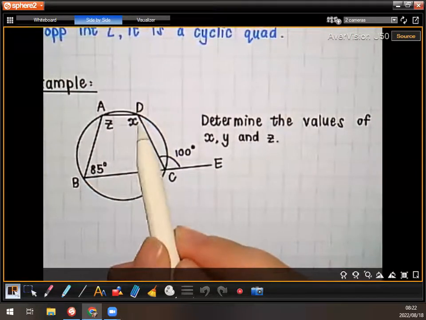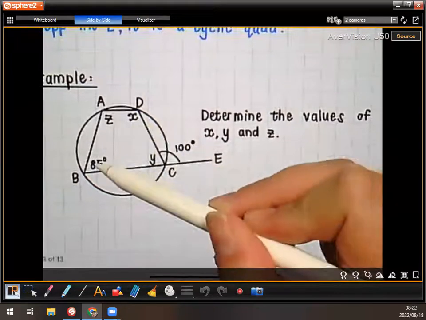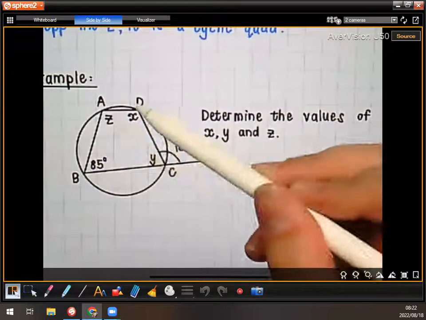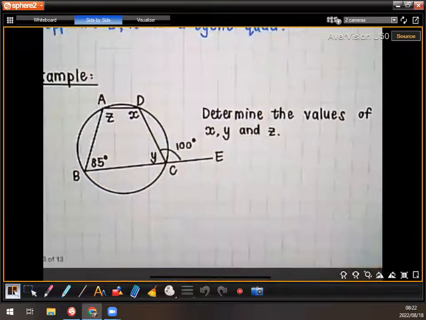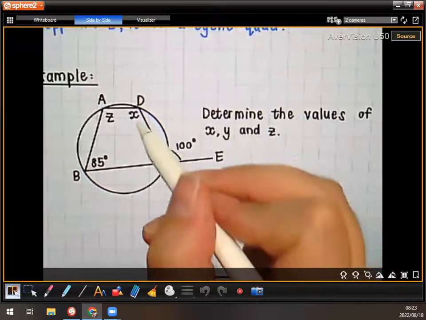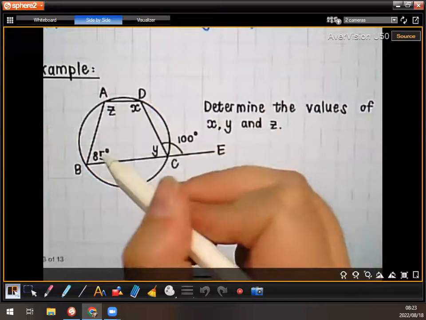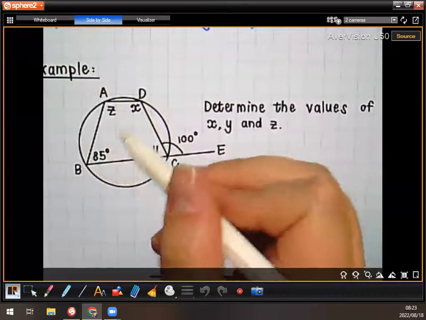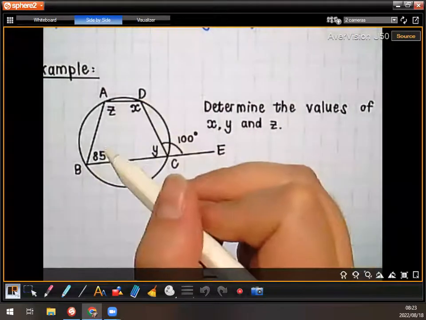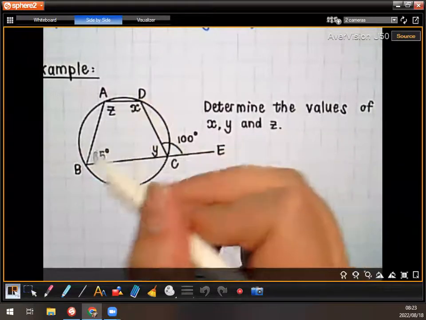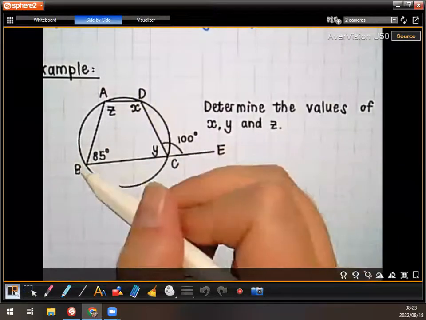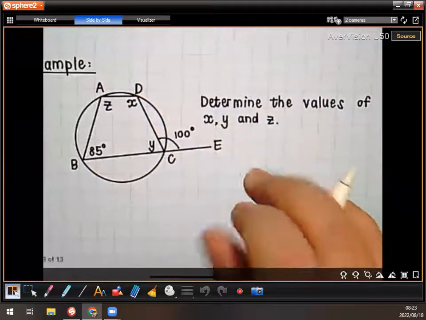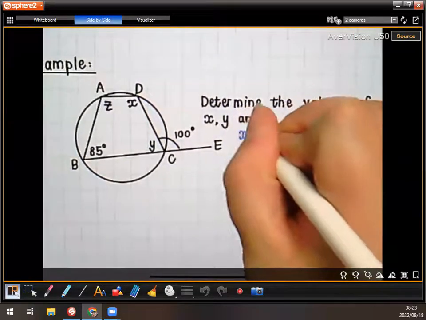So if we're needing to find x, we have the opposite angle to x. Sometimes it's not as easy to see that it's opposite. Sometimes cyclic quads are drawn quite thin, so you're always looking for the angle that's obviously not next to it, but opposite. So these two angles add to 180 degrees. So if you want to find the value of x, we're going to say x is 180 minus the angle that's opposite that one.